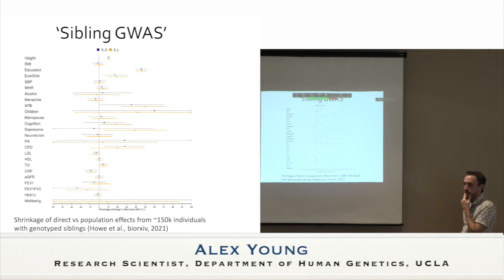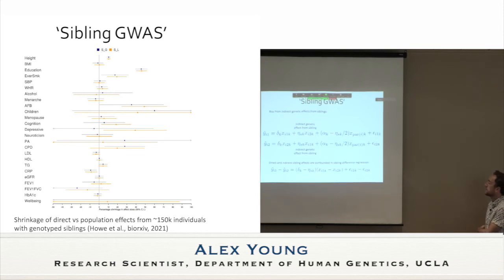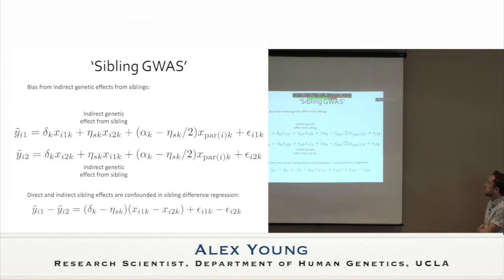Yeah? If there are families with 2 siblings and others with 3, 5, or 7, how does this account for the differences in sibship size? That's a good question. This doesn't really generalize very well to multiple siblings.